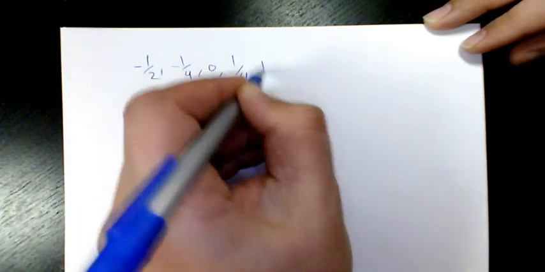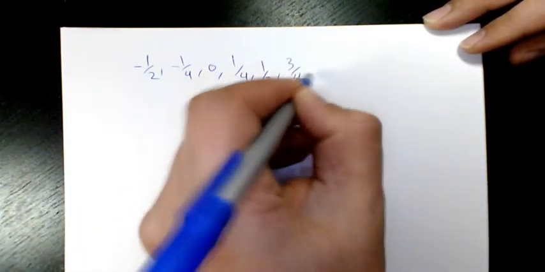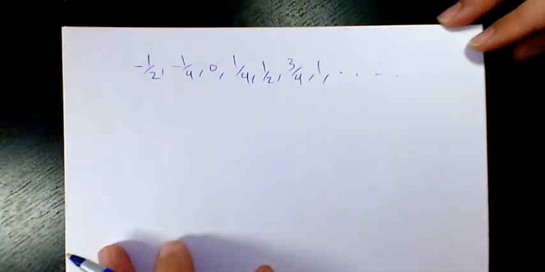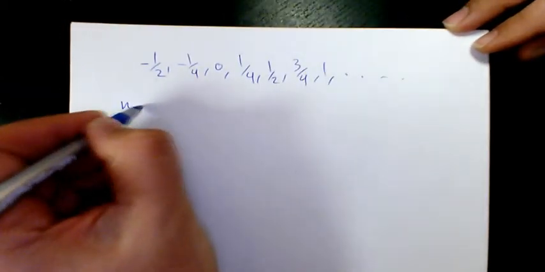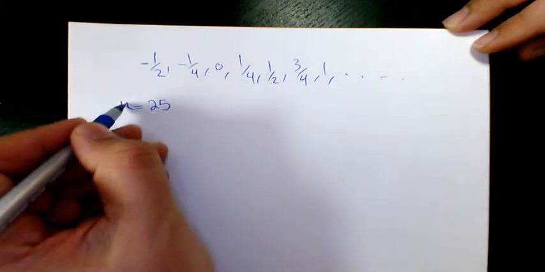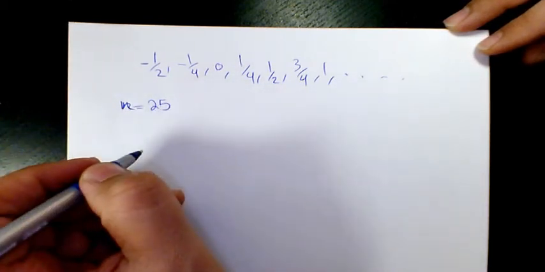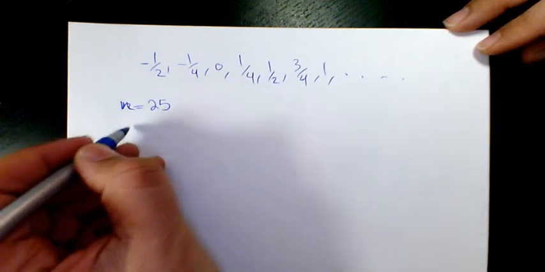Next example, negative 1 over 2, negative 1 over 4, 0, 1 over 4, 1 over 2, 3 over 4, 1, and so on. N is 25 because we need to find out the sum of the first 25 terms.